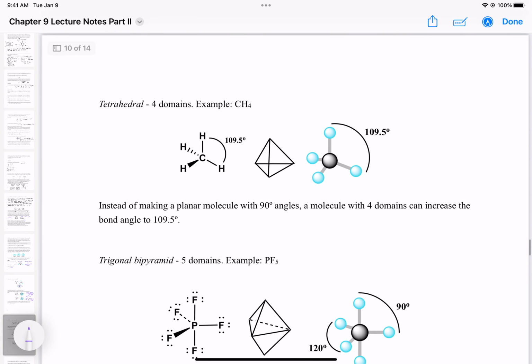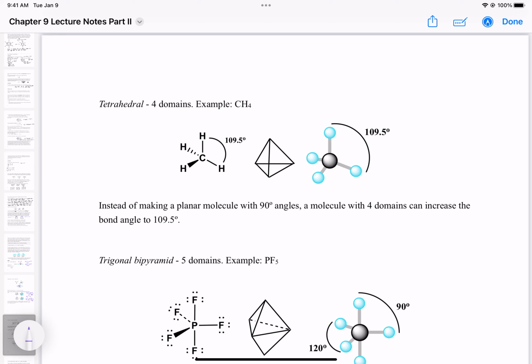All right. So let's go over tetrahedral here. We have 4 domains. The classic example is methane. You see here it represents a tetrahedron where we have 4 faces that are triangular. And the bond angles here are 109.5 degrees. So they're not 90 degrees. We can stretch the bonds, so they're approximately 109.5 degrees.